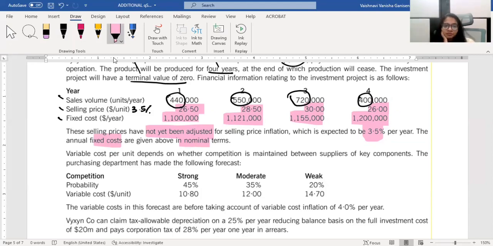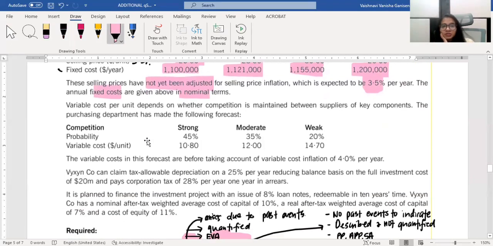Okay, now variable cost per unit depends on whether competition is maintained between suppliers of key components. The purchasing department has made the following forecast, so probability and the variable cost per unit. Variable costs in this forecast are before taking account of variable cost inflation of 4% per year.